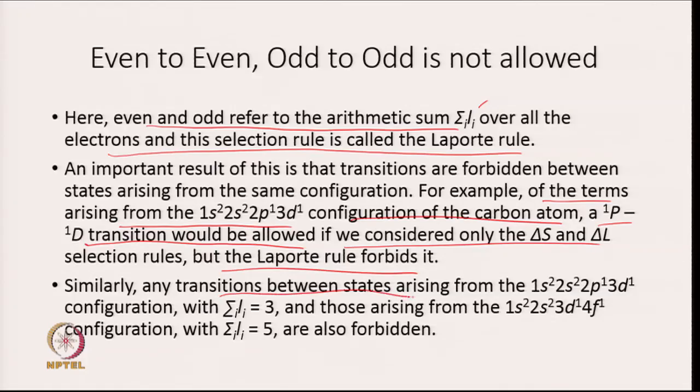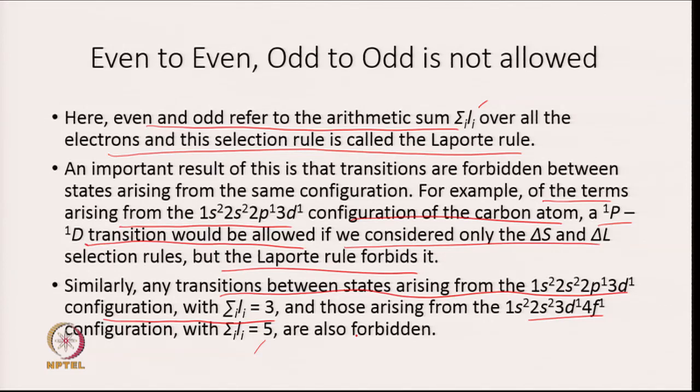Similarly, any transition between states arising from the 1s2 2s2 2p1 3d1 configuration, where sigma l_i will be equal to 1 plus 2, 3, and those arising from the 1s2 2s2 3d1 4f1 configuration, where sigma l_i will be 2 plus 3, 5, are also forbidden.